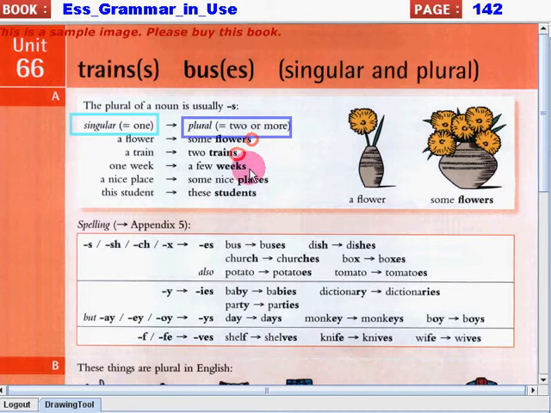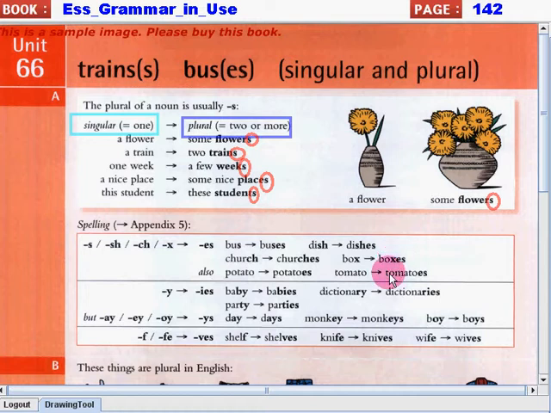One week, a few weeks. A nice place, some nice places. This student, these students. If you have noticed, all of these words, when we made them plural, we just have to add S. That's the basic rule in grammar when we are making the plural form of the noun.